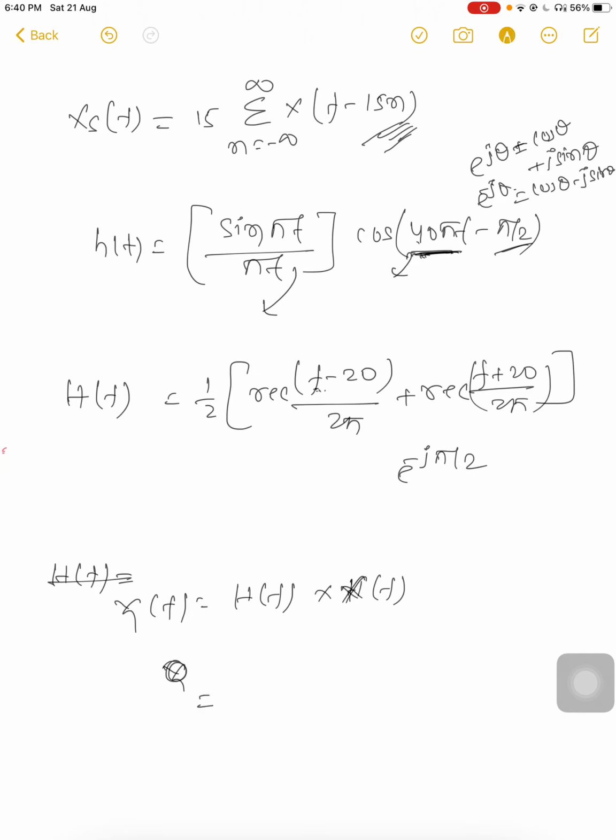So then yt will be, you will get directly yt is equal to 15 by 2 cos(14 pi t minus pi by 4), with this term given the pass.